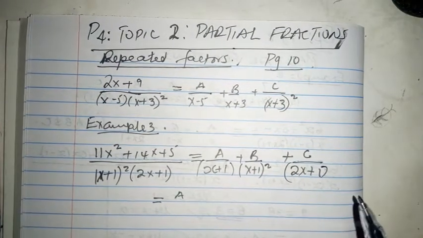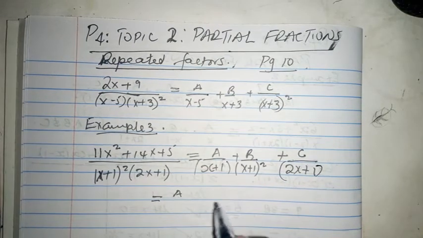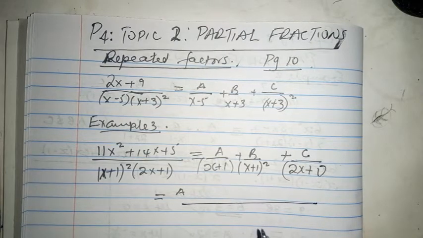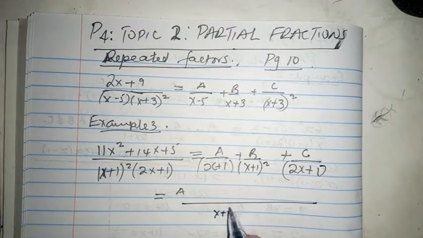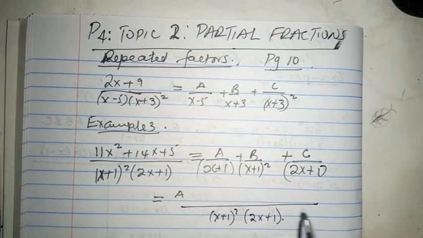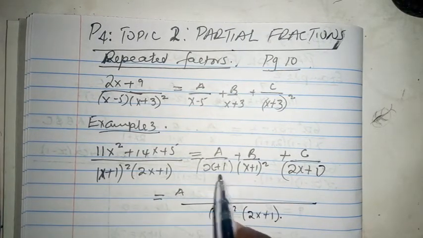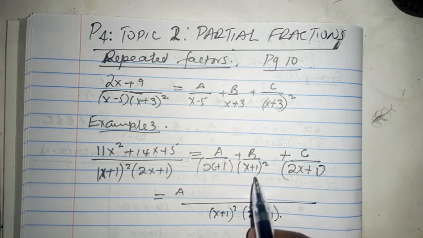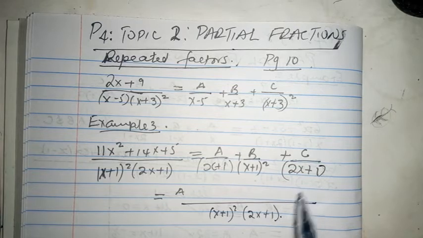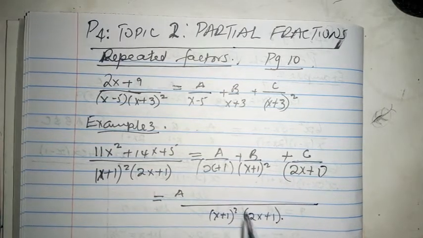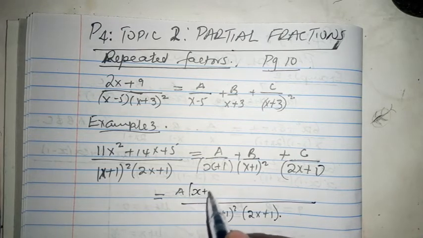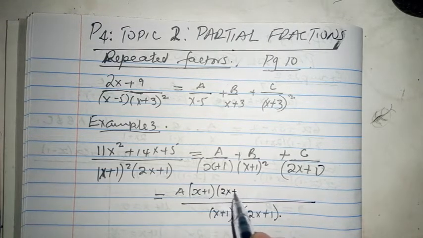So the LCM is going to be x plus 1 squared times 2x plus 1. When you divide by this for a, you get x plus 1 times 2x plus 1, because the whole of this denominator, you divide by this, you are left with x plus 1, 2x plus 1.